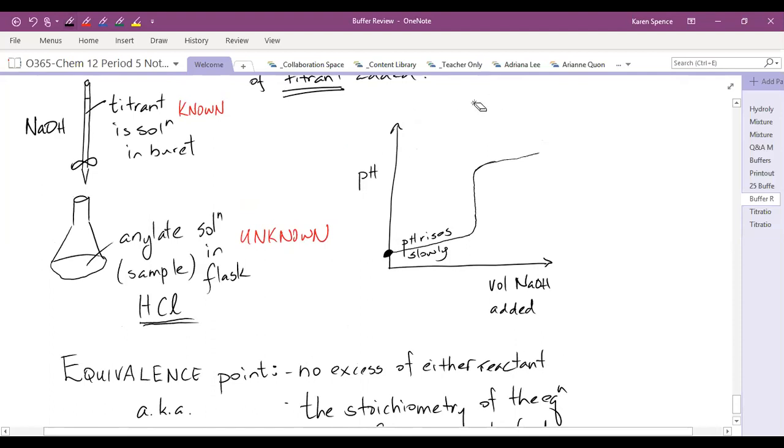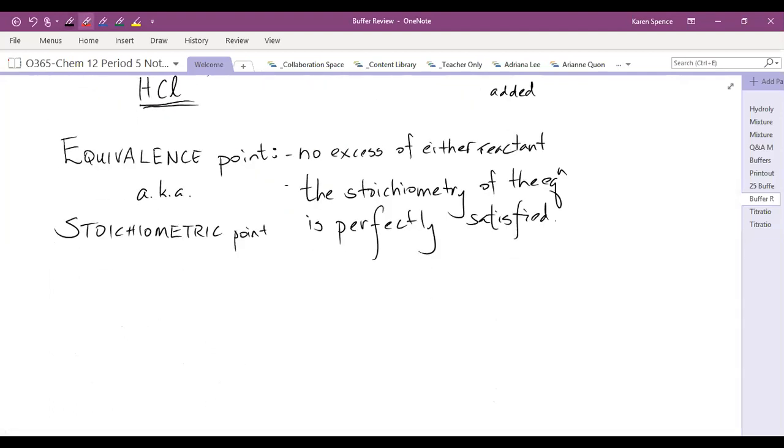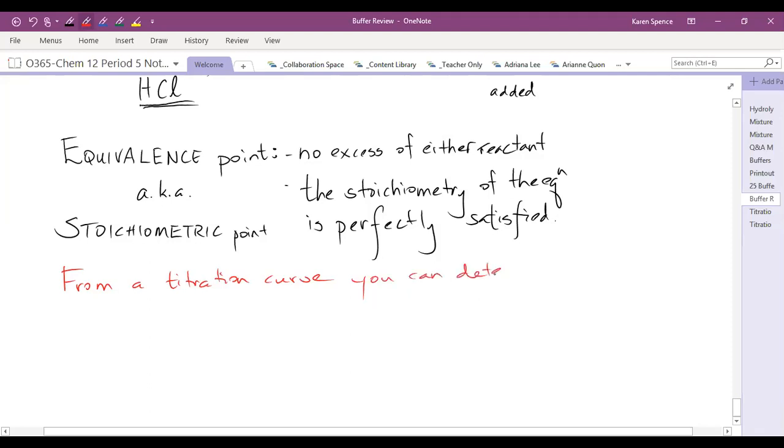Maybe I should write that down below. From a titration curve, the volume of titrant, in this case NaOH, needed to get to the equivalence point.